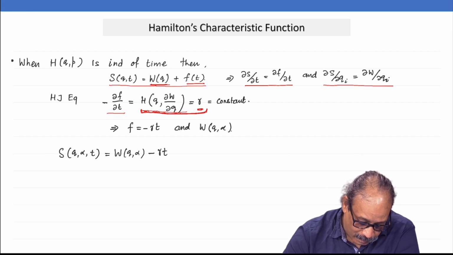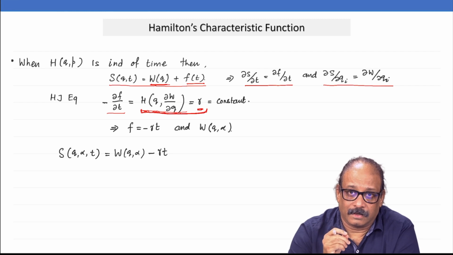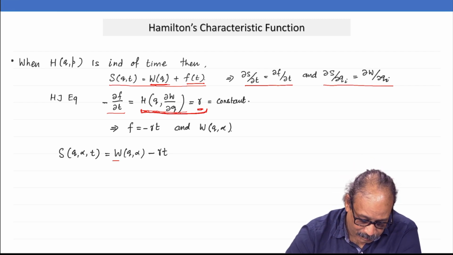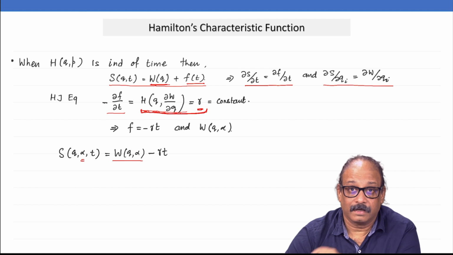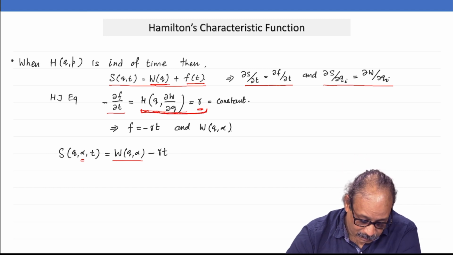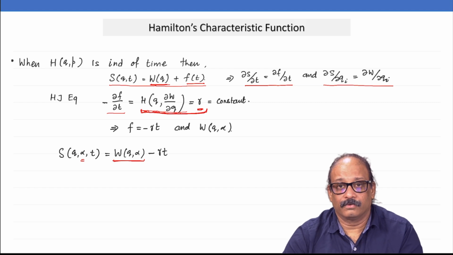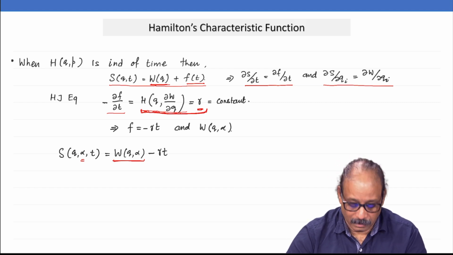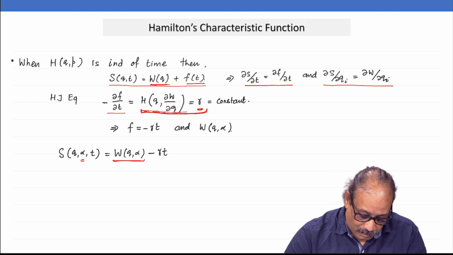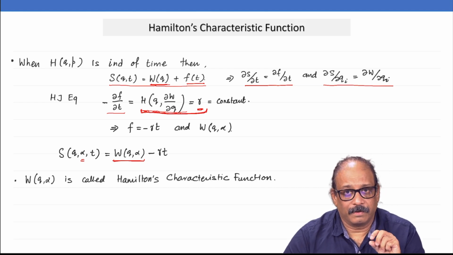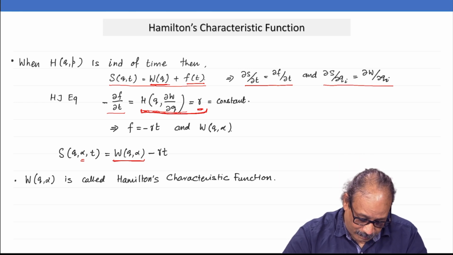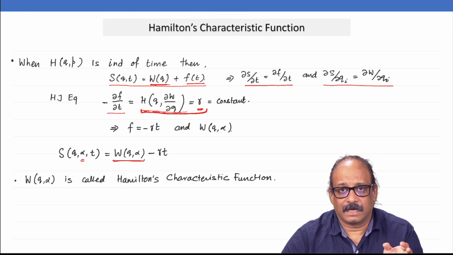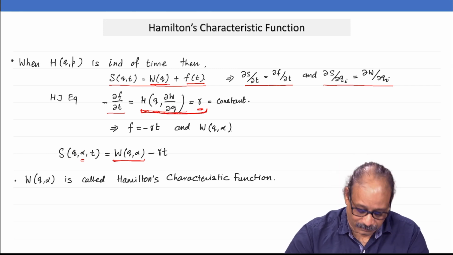Now, the total generating function S is nothing but W, which will be a function of all these alphas, so W as a function of q and alpha, and minus gamma t. Now, what is this gamma? Remember, gamma must be a function of all the alpha variables. The capital W function is called Hamilton's characteristic function.